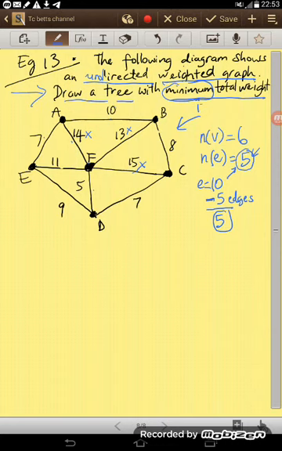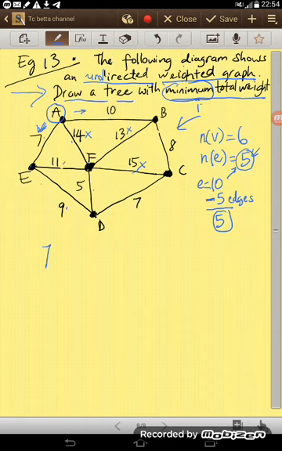Okay, let's say you start from A. You have 2 choices. You can move to 10 or take 7. So let's say 7 is less than 10, so I take 7. So we move, take 7, and then when we reach here, you have 11 or 9.